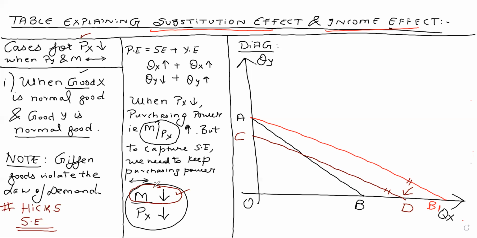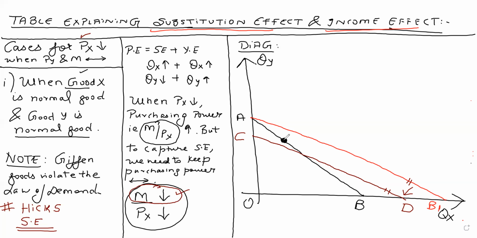Now we have taken away income from the consumer. Suppose on the budget line AB, the consumer was consuming at this point. Now on the compensated budget line CD. CD is also called the compensated budget line because we are compensating the consumer.